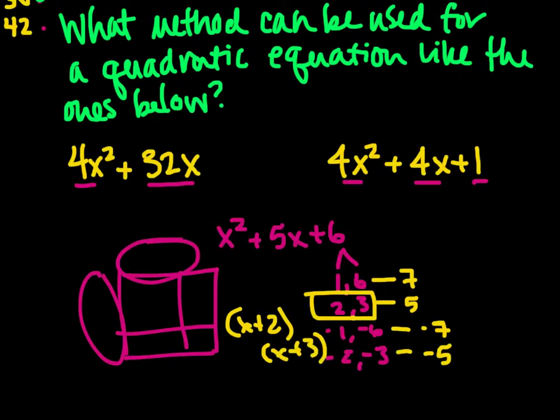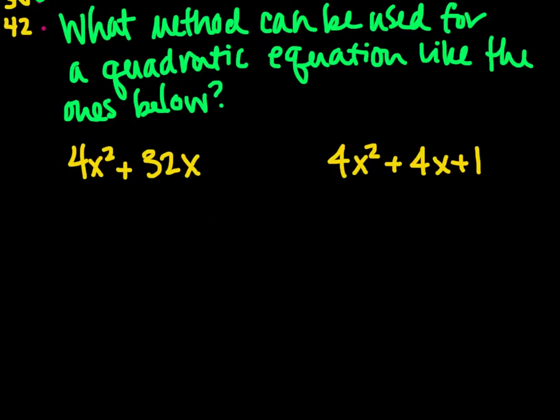But we also need to be able to factor other forms of a quadratic equation. So let's do just that. We have 4x squared plus 32x. One thing that I notice with this, the only way that I feel like I can factor it is just looking for a greatest common factor between my two terms. If I look at 4x squared, I could say this is 1 times 4, and then I also have this x times x in there.